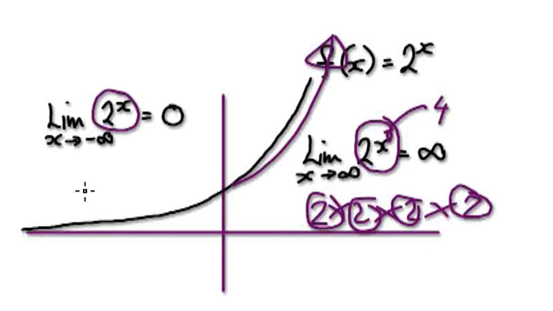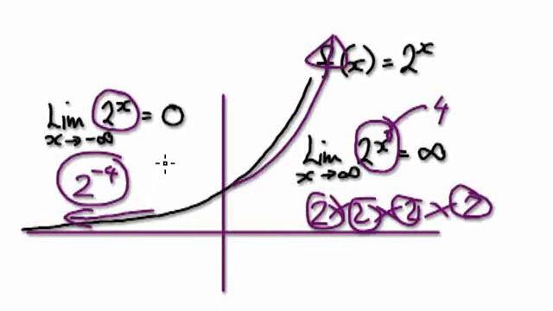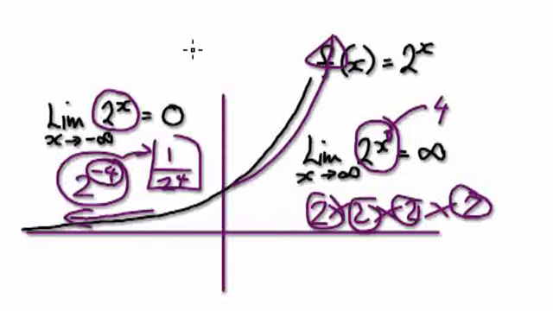Now, if you look on the negative side, as you head towards negative infinity, let's say minus 4 here, then you will have to imagine this as 1 over 2 to the power of 4. From our section on indices, we understand what it means to have a negative power, so we jump to something like this: 1 over 2 to the power of 4.